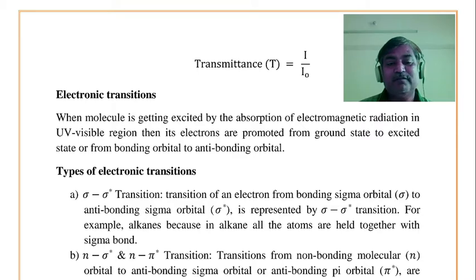Most important thing, when it absorbs in this region, the electrons get excited or promoted from the ground state, the bonding molecular orbital, to the excited state, or from the highest occupied molecular orbital to the lowest unoccupied molecular orbital. Such a type of electronic transition takes place.